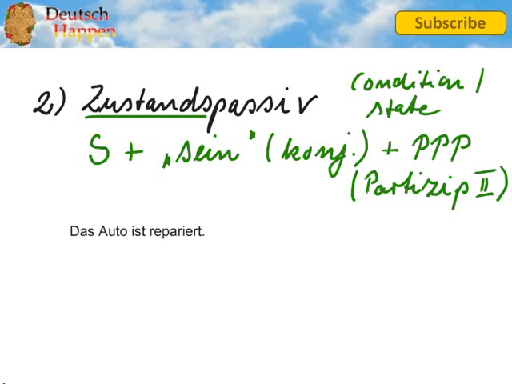We, once again, of course, need a subject. But then we don't take werden, but sein. So we conjugate sein, and the last part is the same again. It's the PPP or the Partizip 2 participle, past participle in English. So, once again, Subjekt plus konjugierte Form von sein plus Partizip 2.